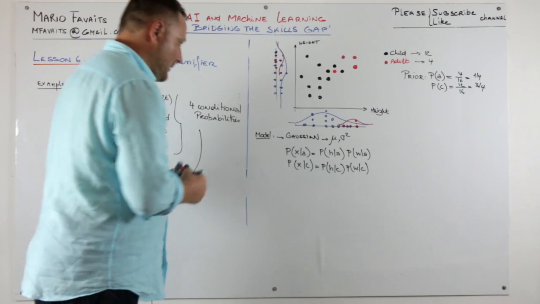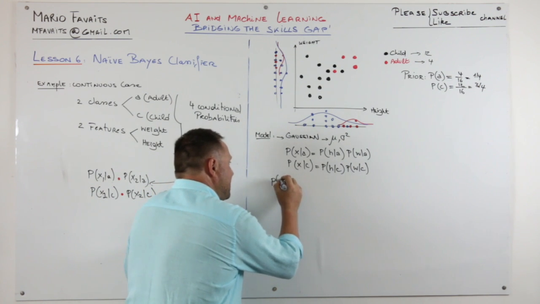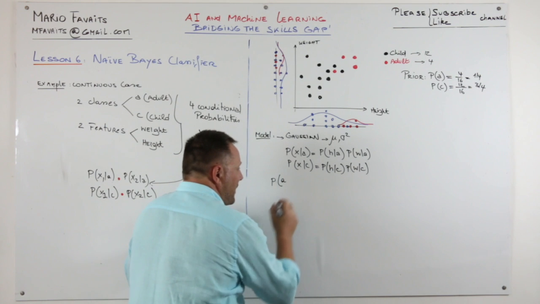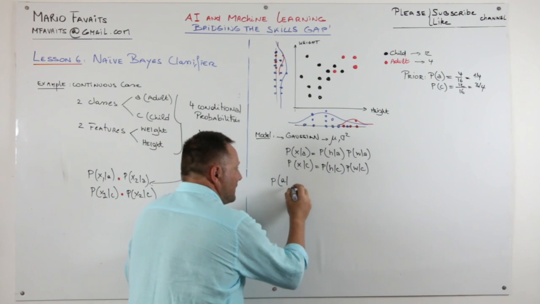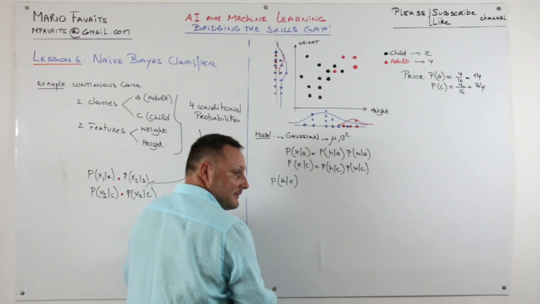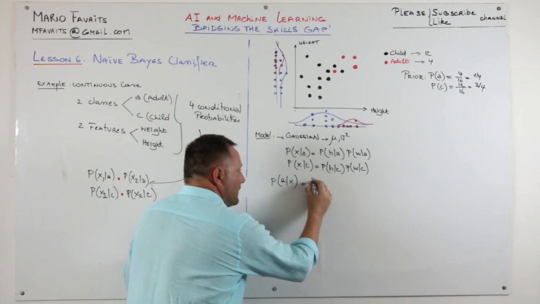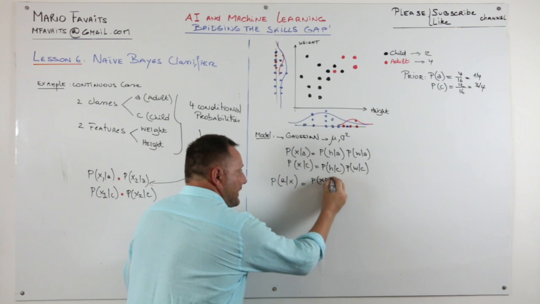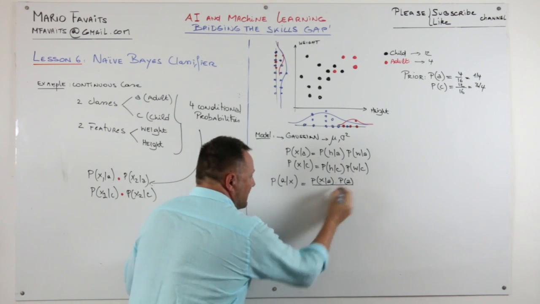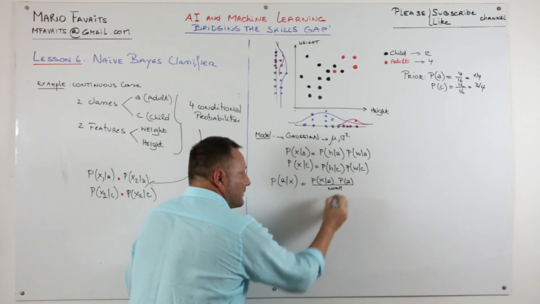So from here on we can calculate the probability that you are an adult given the x, yeah? So we use Bayes here, that's p of x given a times p of a divided by a normalization factor, which I'm not going to write down.